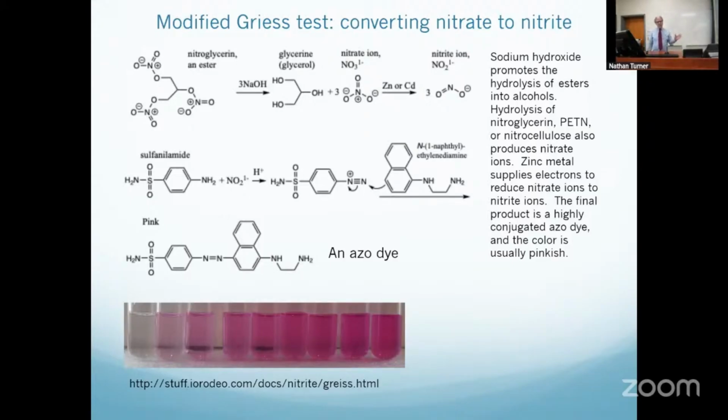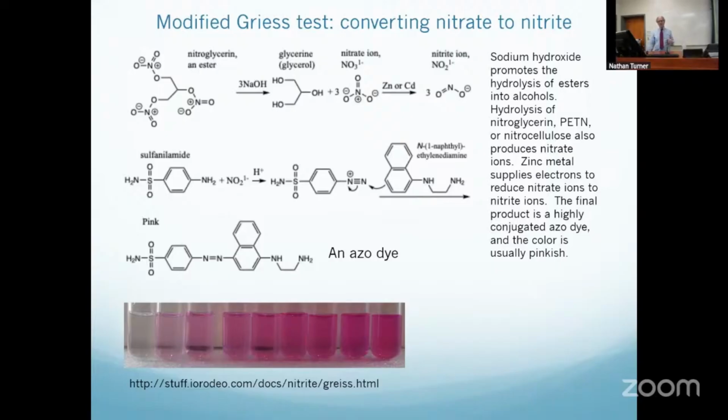There's a lot of chemistry here, and so I don't want to go through the details of the chemistry, but what I want you to do is on the upper left corner, you'll see nitroglycerin. Hydrolysis of nitroglycerin releases nitrate ions with 3 oxygens, okay? If you add zinc, you turn nitrate into nitrite, nitrogen with 2 oxygens.